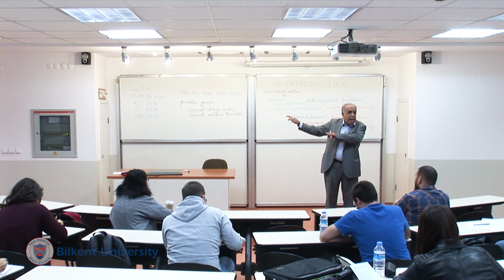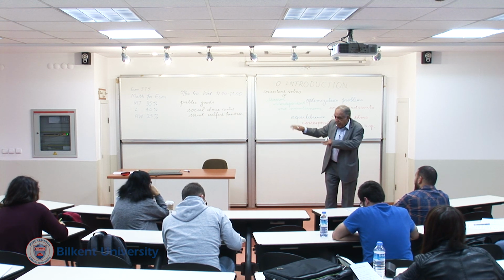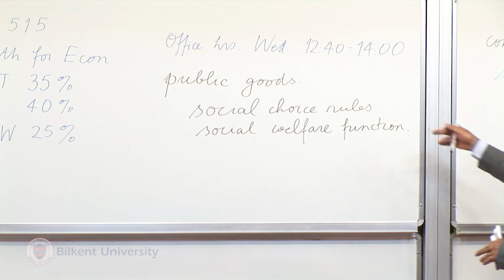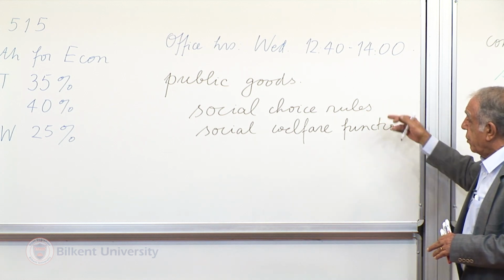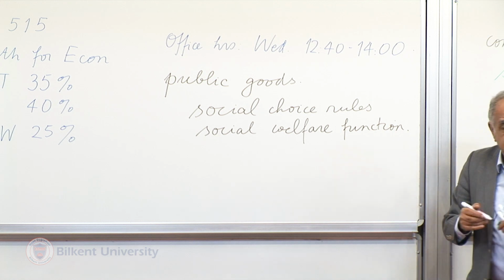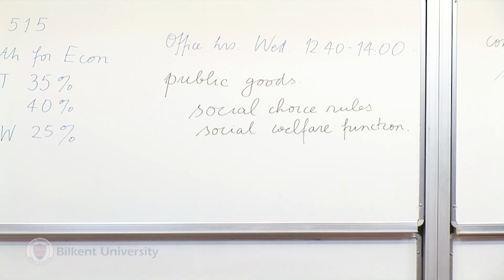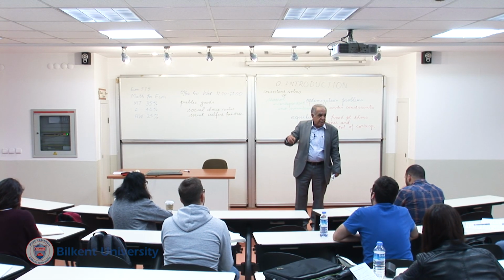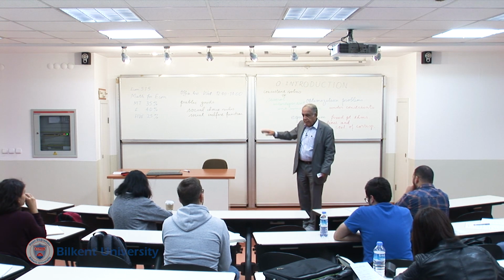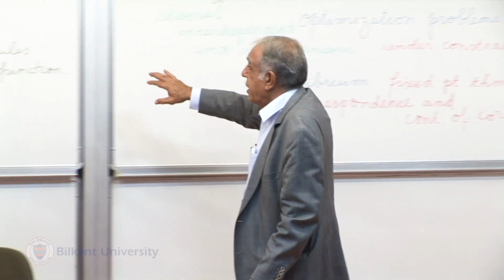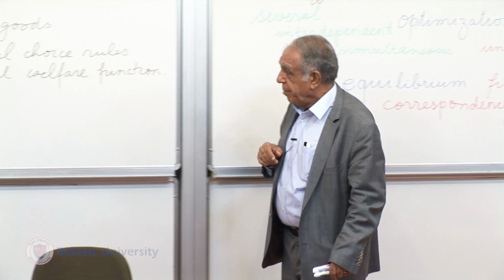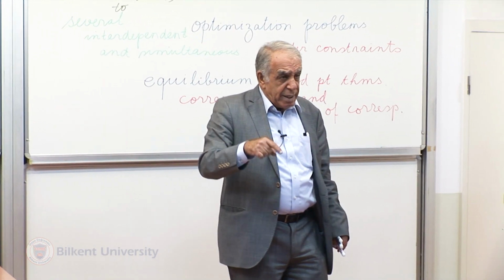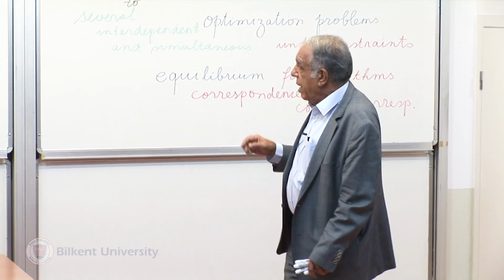So this again requires its own mathematics: properties of social choice rules, social welfare functions, possibilities and impossibilities of aggregating individual preferences into social preference. That's what this part deals with. It will not be this semester, but next semester.